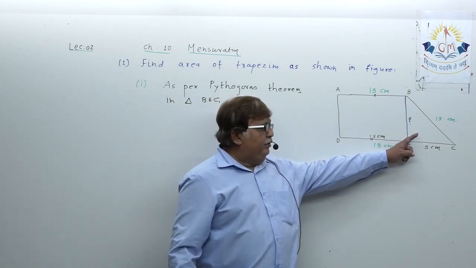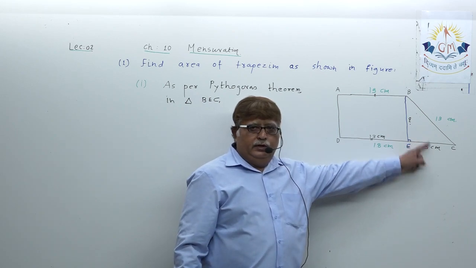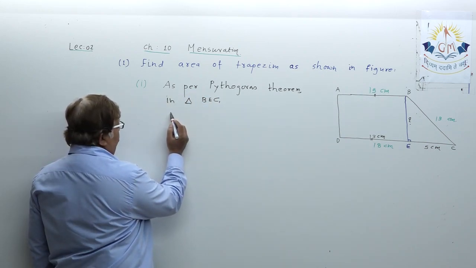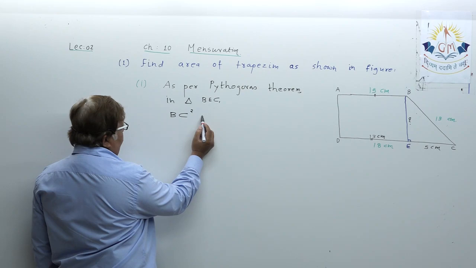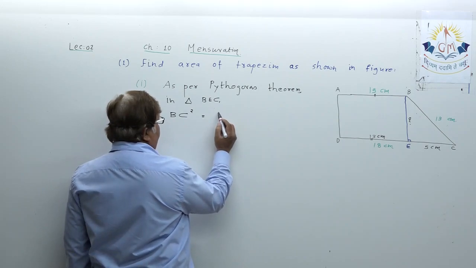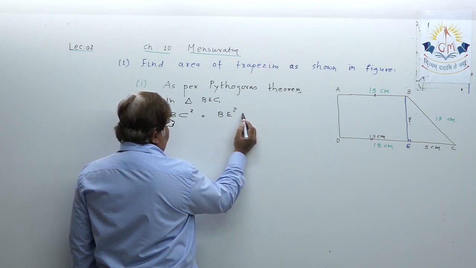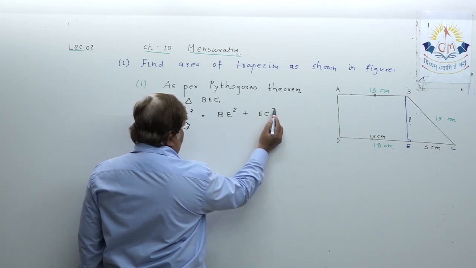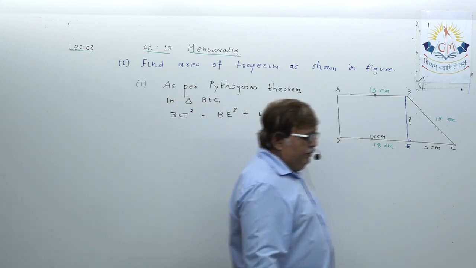Pythagoras theorem, dear student, is to be presented from the hypotenuse, as you all know. So let me write BC square equal to BE square plus EC square. How have I written Pythagoras theorem?